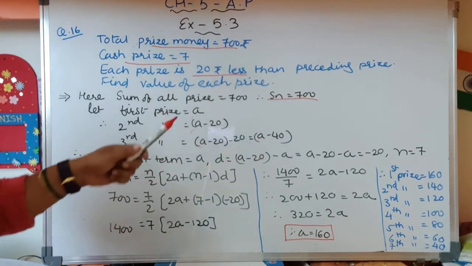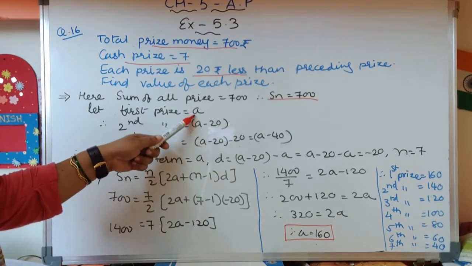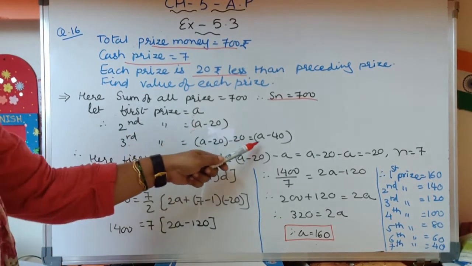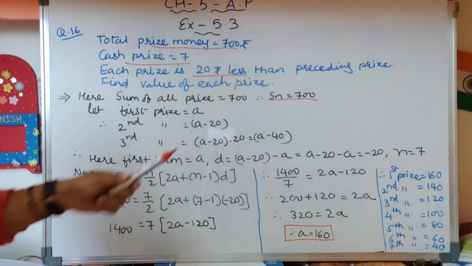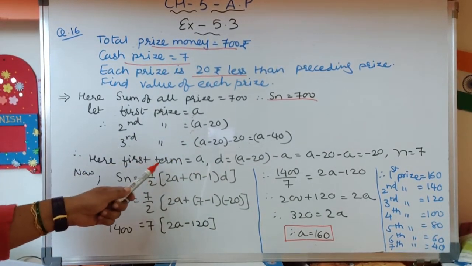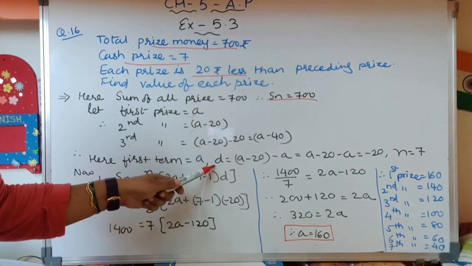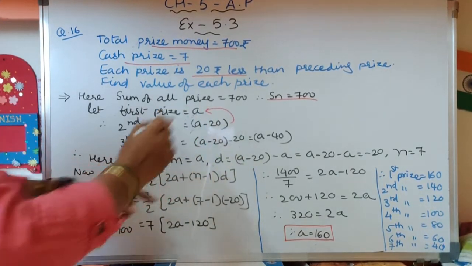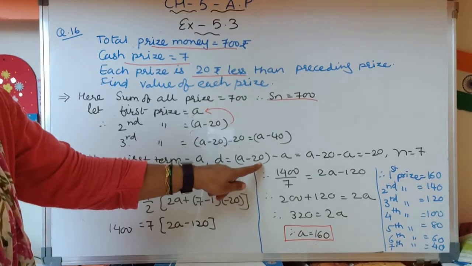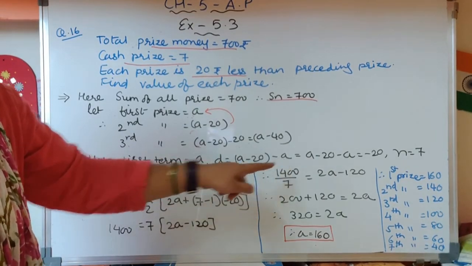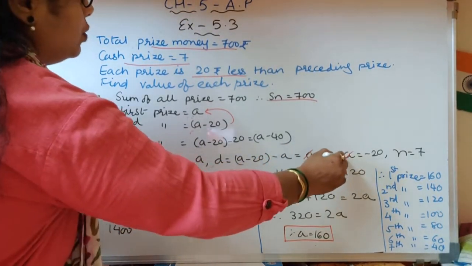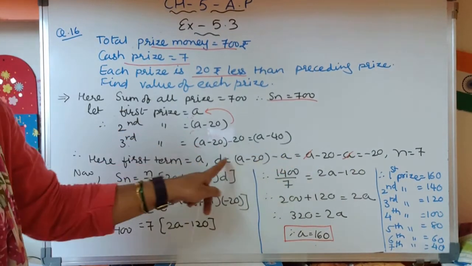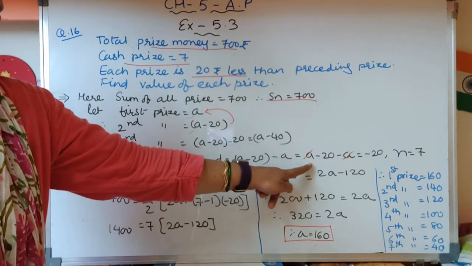So in short we got an AP: A, A minus 20 and A minus 40. So from this AP we can say that our first term is A. Now common difference D means a2 minus a1, so A minus 20 minus A. So minus A plus A cancel out. So we got D is equal to minus 20.